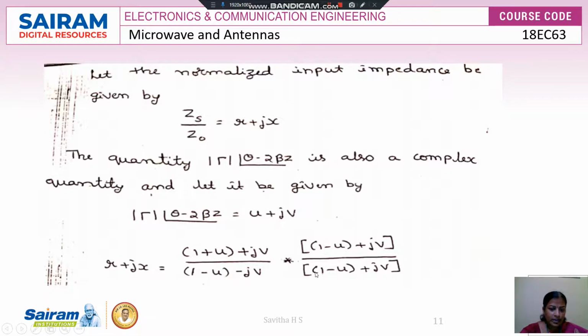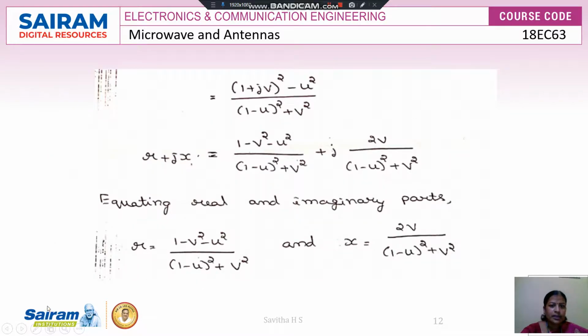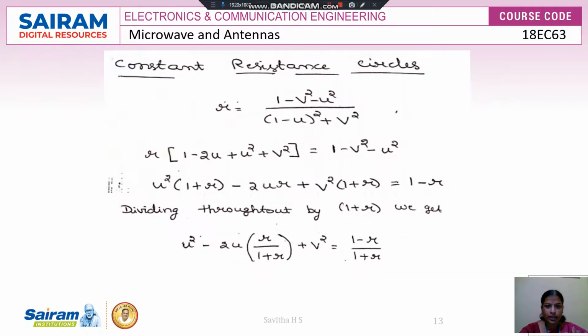Rationalizing the terms, I finally get r plus jx is equal to (1 minus v square minus u square) divided by ((1 minus u) whole square plus v square) plus j 2v divided by ((1 minus u) whole square plus v square). Now equating the real and the imaginary parts, I get the resistance circle as r equals (1 minus v square minus u square) divided by ((1 minus u) whole square plus v square), and the reactance circle as x equals 2v divided by ((1 minus u) whole square plus v square).